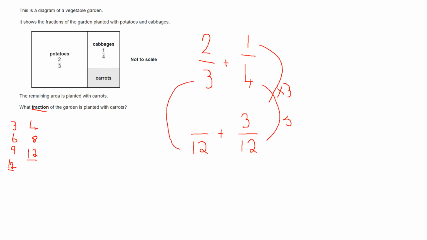Similarly, I've timesed my 3 by 4 to find my common multiple. So I need to times my 2 by 4, which gives me 8. And I know that 8/12 add 3/12 leaves me with 11/12.